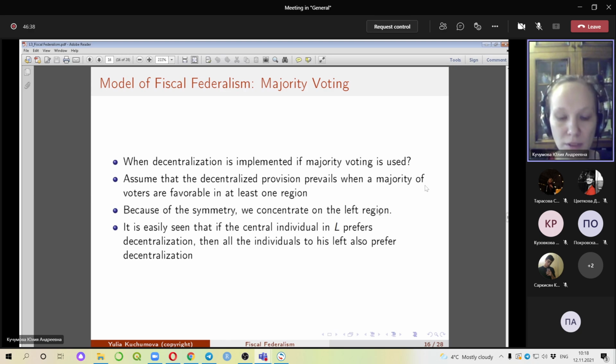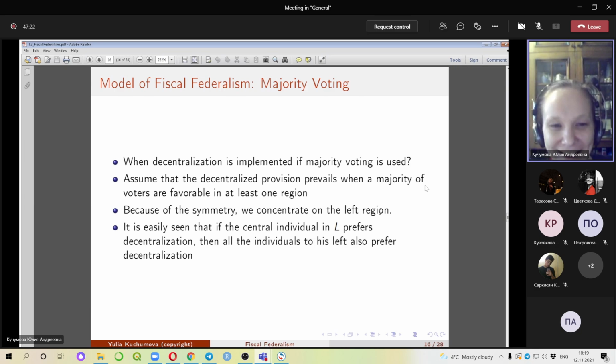Majority voting is basically if more than half of people vote for something, then it is implemented. We will assume that the decentralized provision prevails when a majority of voters are favorable in at least one region. This is just an assumption and actually in this story it's not really important, but nevertheless, because of symmetry, we concentrate on the left region.